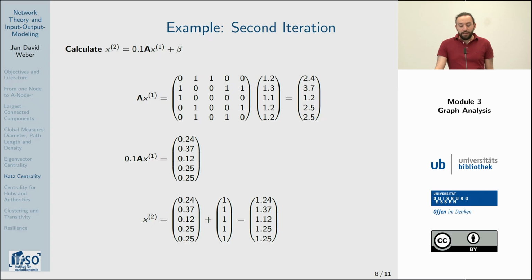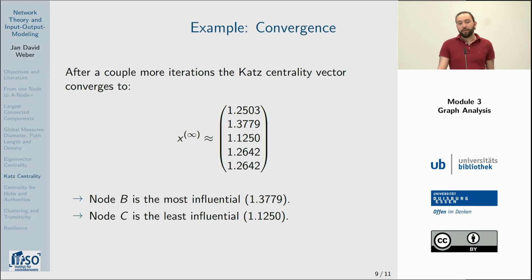And if we solve the whole thing mathematically with a computer program, we have convergence at these values here. So we run this for a couple iterations. Your computer program at one point tells you, okay, I'm done. And it gets 1.25, 1.37, 1.12, 1.26, and 1.26 as well for the last one.